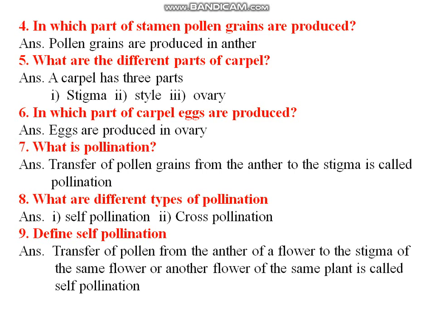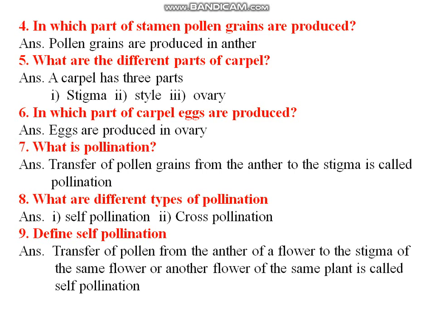Self-pollination and cross-pollination. Now what is the definition of self-pollination? That means define self-pollination. Self-pollination means when pollen grains transfer from the anther of a flower to the stigma of the same flower, because some flowers contain all the four parts. For example, hibiscus. Hibiscus contains all the four parts, that is sepal, petal, stamen and carpel.